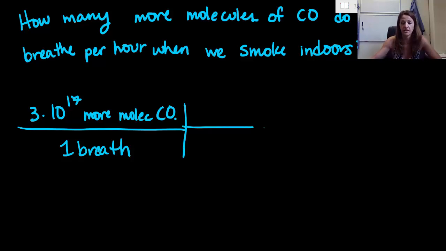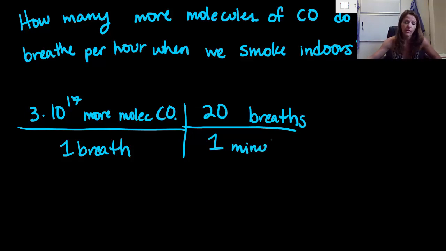So, breath is at the bottom here. We're trying to cancel it out, so breath has to be at the top here. So we're saying 20 breaths per every 1 minute. So our breaths are going to cancel out, and so now we know how many more molecules of CO are inhaled per 1 minute, but that's not the question. We're trying to solve for per 1 hour because our standard is in 1 hour.